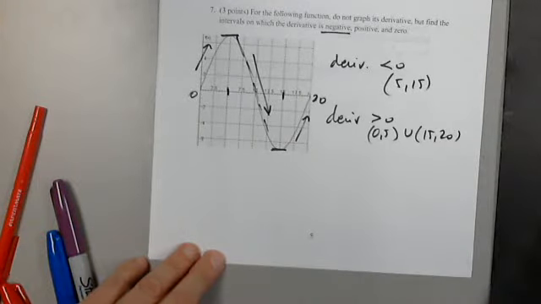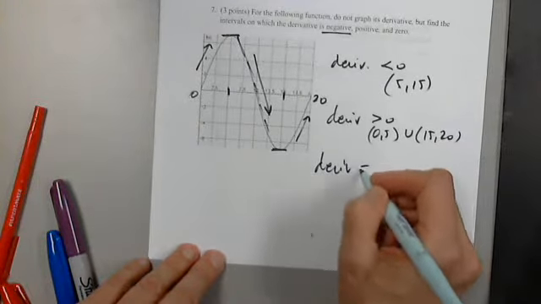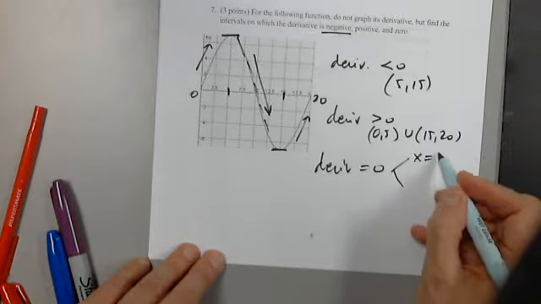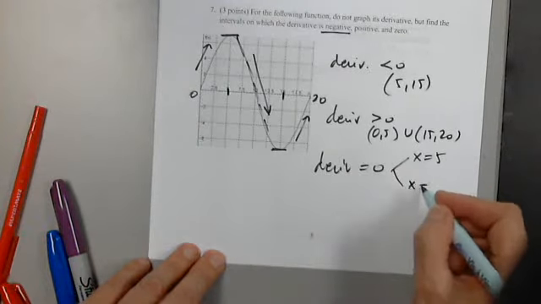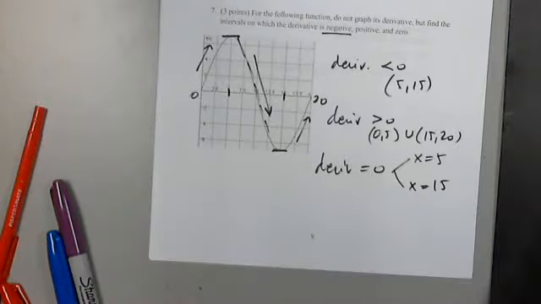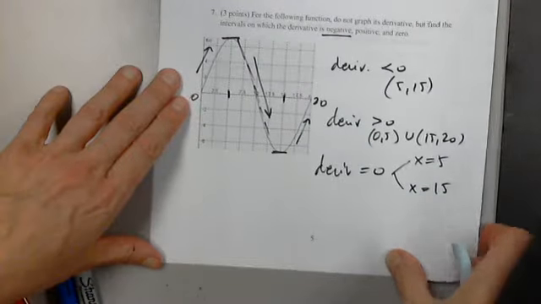And where is the derivative 0? At 5 and 15. At 5 and 15, the slope is 0, so the derivative is 0. Any questions?